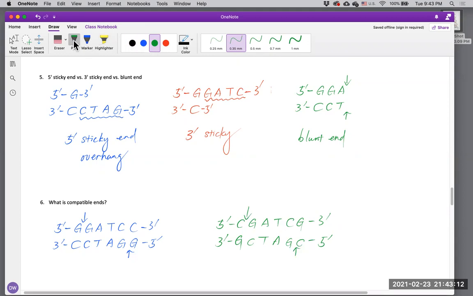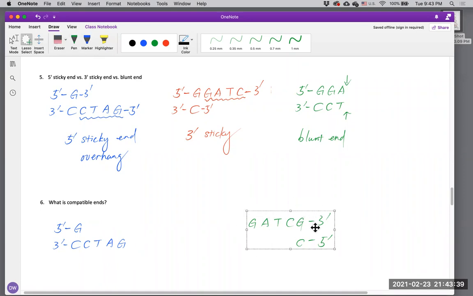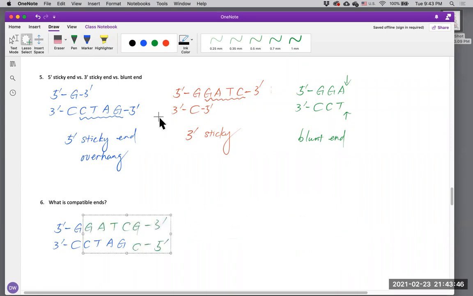So here, I'm going to take my eraser and then remove one of the 2 ends, right? So over here, I'm going to remove this part. All right, so here we can see that now we have two sticky ends. So here, we can actually put them together. If I take this green end and then move it across like so, you can see that they fit perfectly together, right?